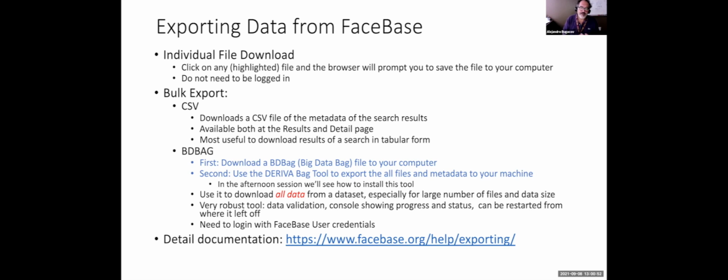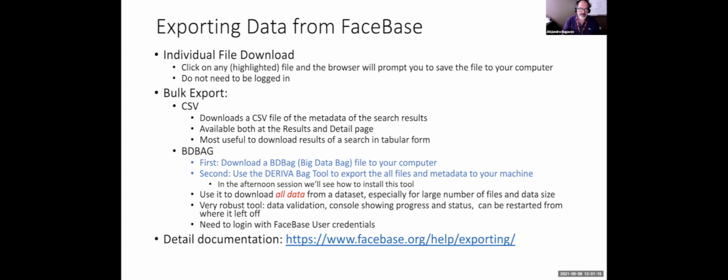So basically the bag has all the information about the files and where to get them. And this tool goes and gets them for you and downloads them to your machine in a very robust way. It's kind of like a batch process that can work in the background. It can be restarted in case you get disconnected.